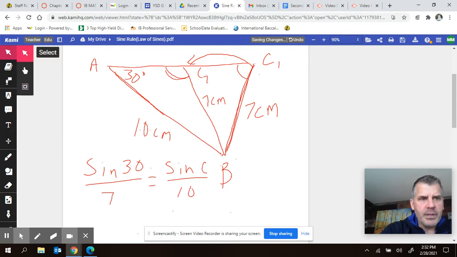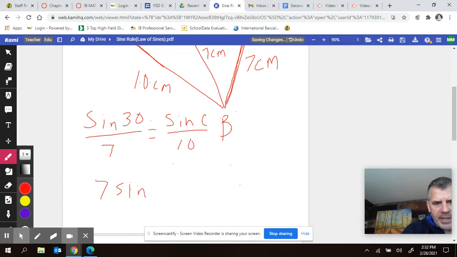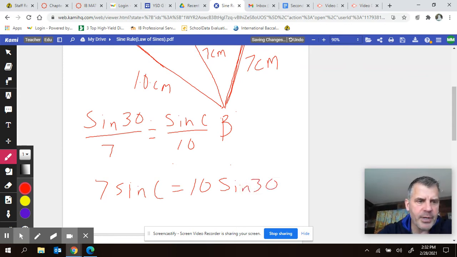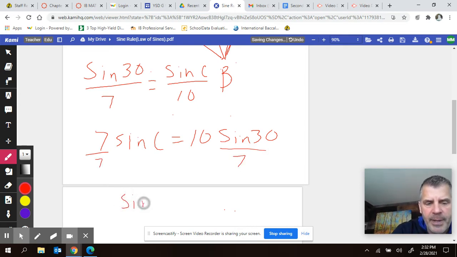So using the law of sines, we have 7 times the sine of C is equal to 10 times the sine of 30. If you remember your trig from the past, you know sine 30 is an exact value, also known as 0.5, but we don't necessarily need that right now. Divide both sides by 7. And now take the inverse sine. I'm going to write it this way: the inverse sine of 10 times the sine of 30, divided by 7.